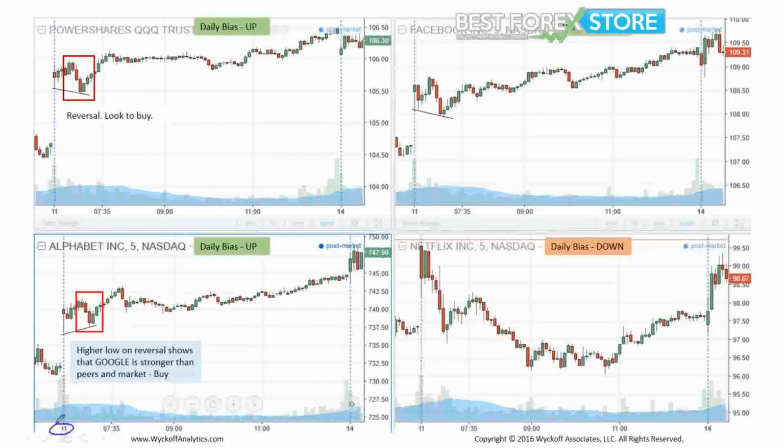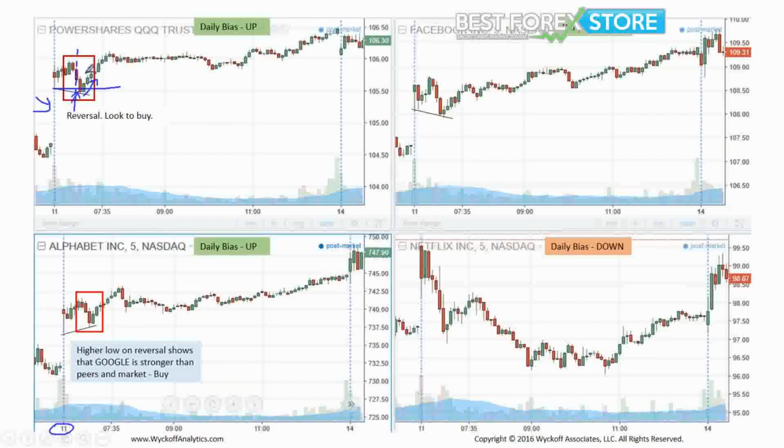So this is the 11th. The market opens up with a gap, and we have the first initial move. Here's your first 30 minutes. We see a commitment to the downside and instant reversal back.